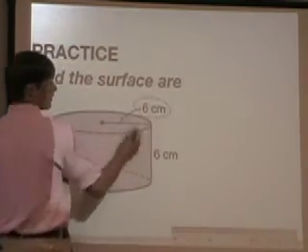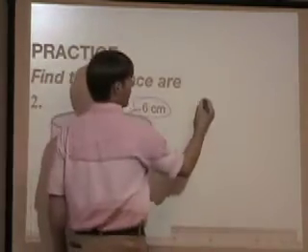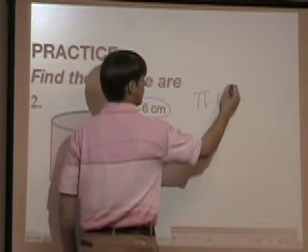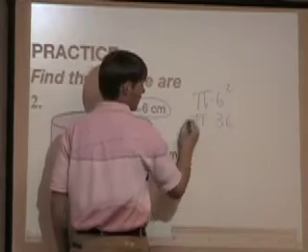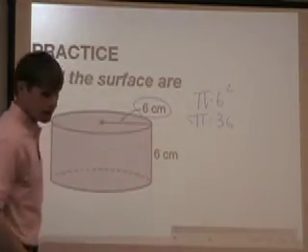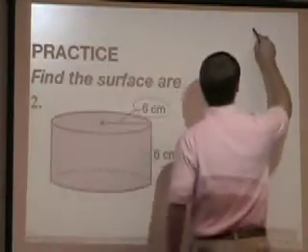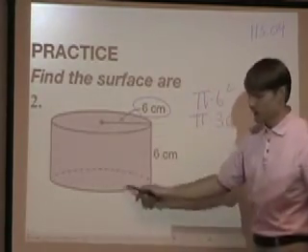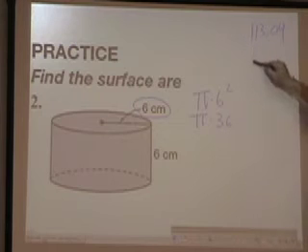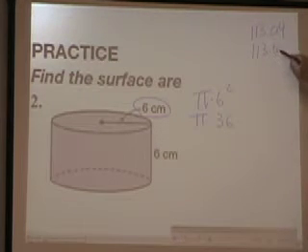Now what's radius? 6. So we say pi times 6 squared. 6 squared is 36 times pi. What's 36 times pi? 113.04. Now how many of these circles are there? 2. So we got to have 2 surface areas.